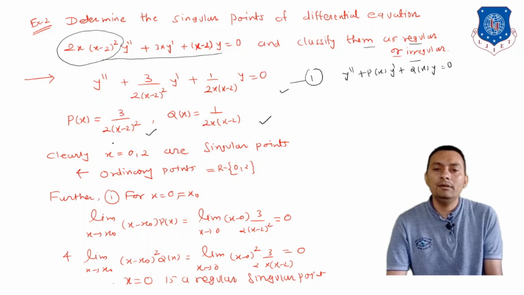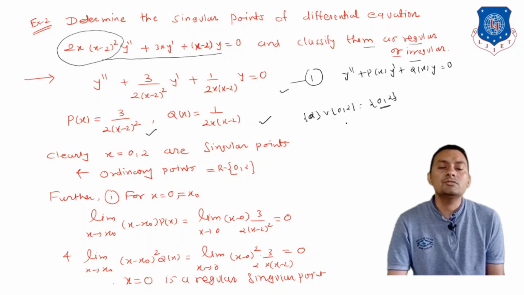From the denominator it is clear that x is equal to 0 and 2. So the union, that is 0 and 2, is nothing but the singular points. You should verify by yourself that x equal to 0 and 2 are the singular points or not, so do your work yourself and verify it.